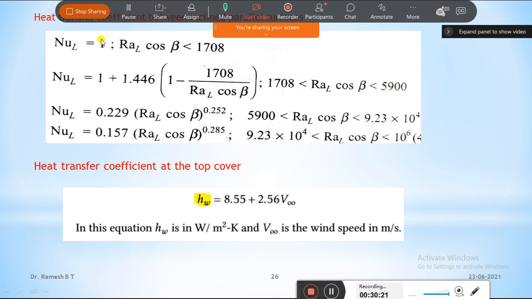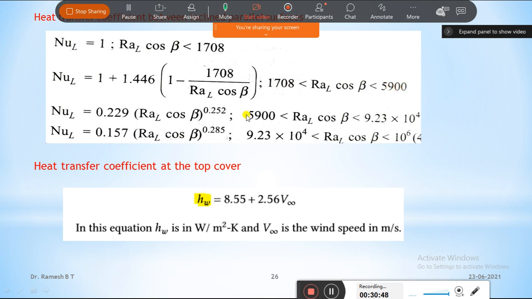Nu equals 1 if the Rayleigh number is less than 1708. If the Rayleigh number is between 1708 and 5900, we use this equation, Nu equals 1 plus 1.44, and so on.